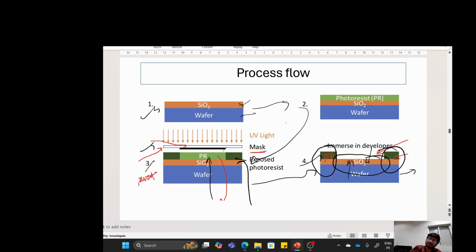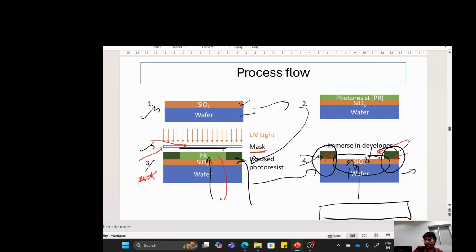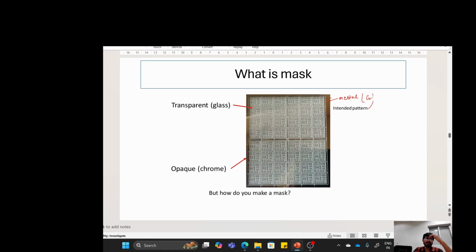After that you remove your photoresist, and you get a pattern like this on the substrate. These are SiO2, and this is Si. Okay, so this is the process flow.